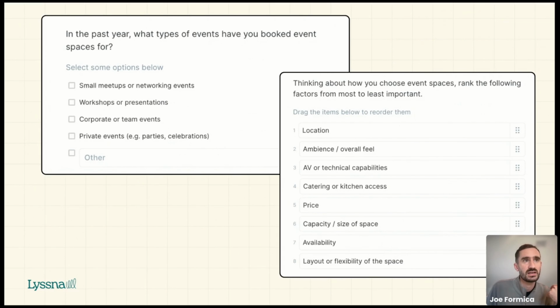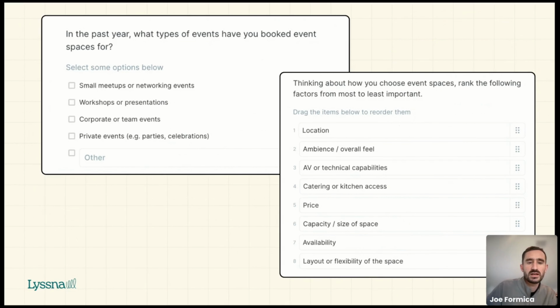And so instead of giving them a role and criteria, ask them about the things that they do. For this one, maybe a question like, in the past year, what types of events have you booked event spaces for? And we can get an idea of the types of events they've done. Thinking about how you choose event spaces, rank the following factors from most to least important. Again, there could be a million different types of questions. These are just a couple examples.